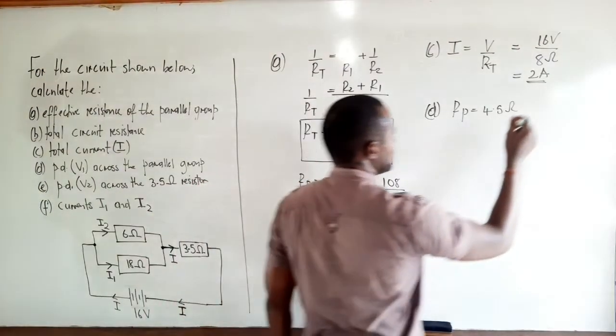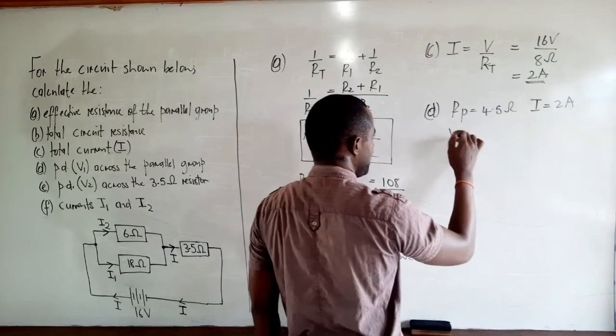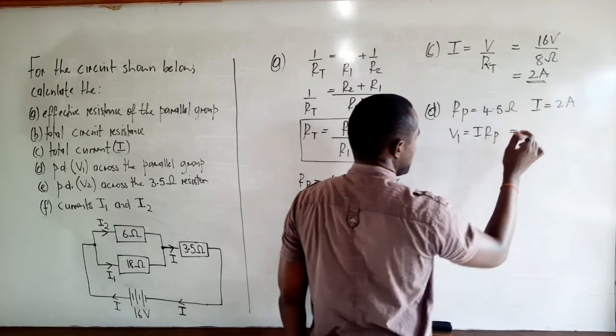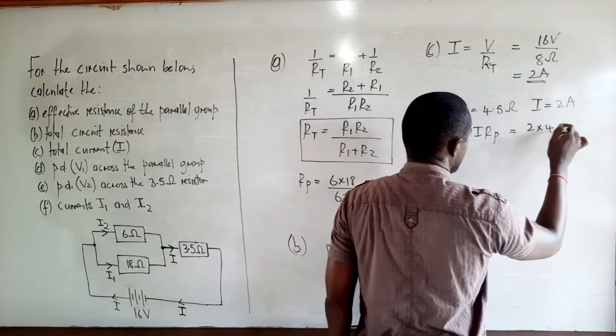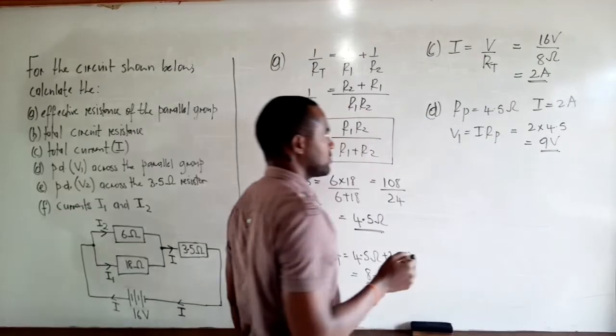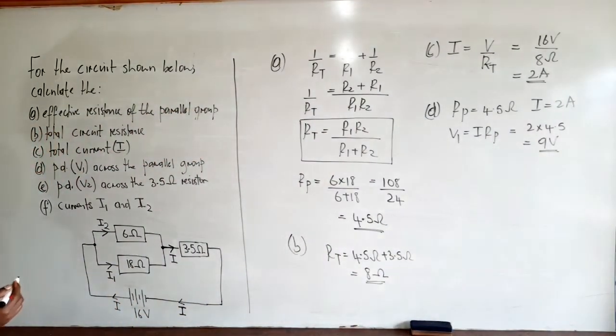So I equals 2 amperes, and the PD V1 would be equal to IRP, which would be equal to 2 times 4.5, which of course is equal to 9 volts. And so therefore the PD across a parallel branch is equal to 9 volts.